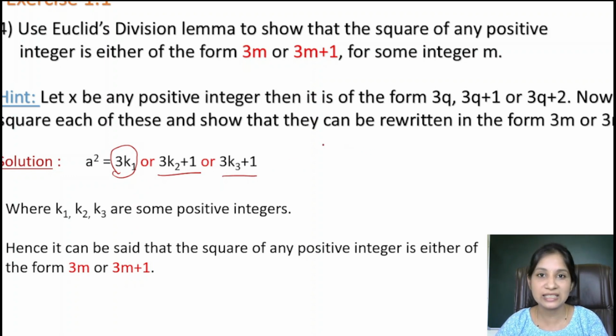It is very easy. Just go through Euclid's division algorithm, use the lemma that a is equal to bq plus r, and substitute the values of the remainder. Just by observing the question you will get the divisor b, and please put in the values, you will get the answer.